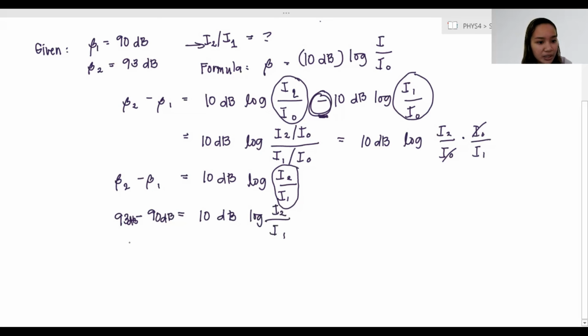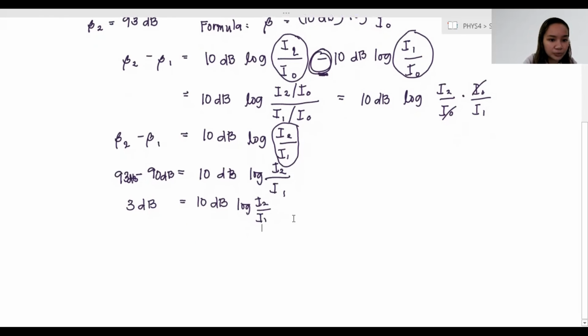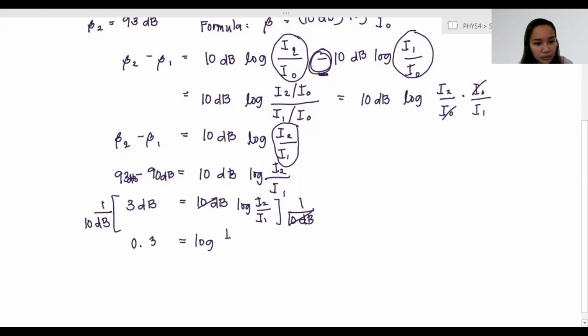So 93 minus 90 is 3 decibels, equal to 10 decibels log of I2 over I1. Dividing both sides by 10 decibels, this cancels out, so 3 divided by 10 gives you 0.3 equal to log of I2 over I1.